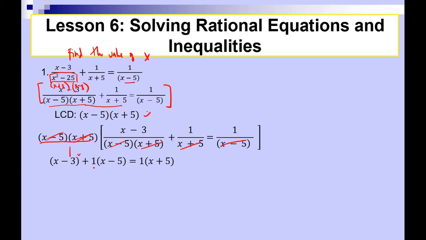When multiplying this, earlier only two cancelled. Next is x minus 5 that remains, since x plus 5 cancelled. When multiplying here, x minus 5 cancelled, so x plus 5 remains. That is x plus 5 times 1, that is x minus 5 here. And here, what remains is x minus 5, so x plus 5 times 1, that is x plus 5. Then solve for x.